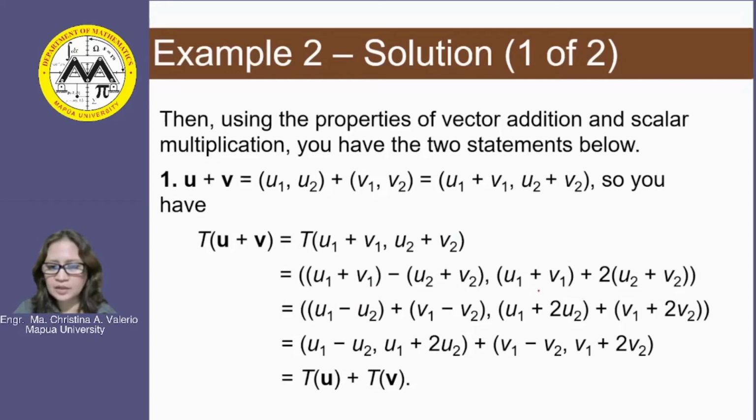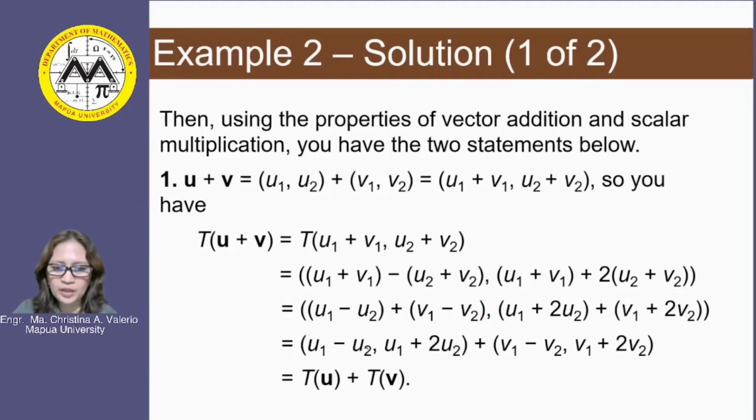And then collecting all the terms that have u, you will have u1 minus u2, and then v1 minus v2 for the first component. For the second component, you can also group the terms that have u as well as those terms that have v. You have u1 plus 2 u2, and then plus v1 plus 2 v2, and we simply gather all the terms which are components of the vector u.